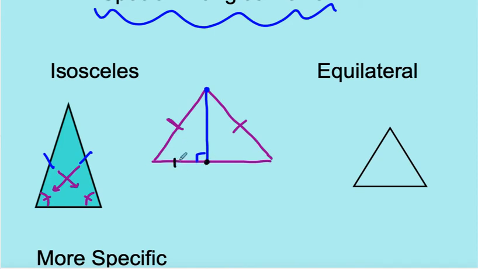That means it cuts it into two congruent parts, so two equal parts. So that altitude, that height of the triangle, it bisects the base. Okay? All right, and that's going to be something that we might be able to use.